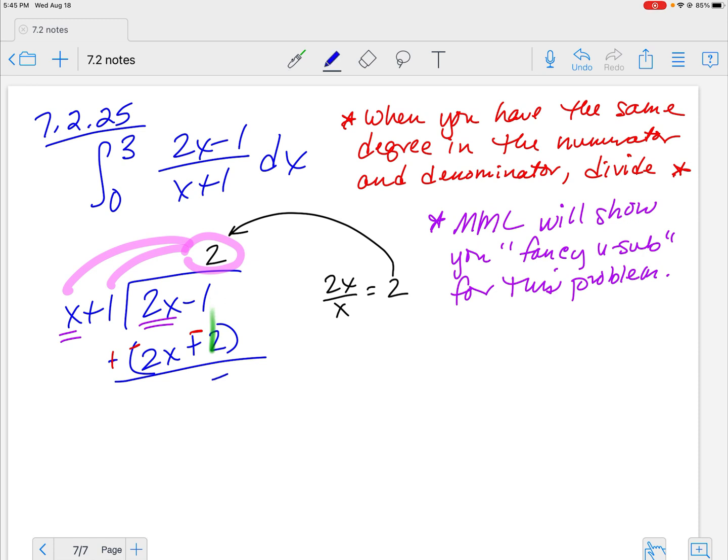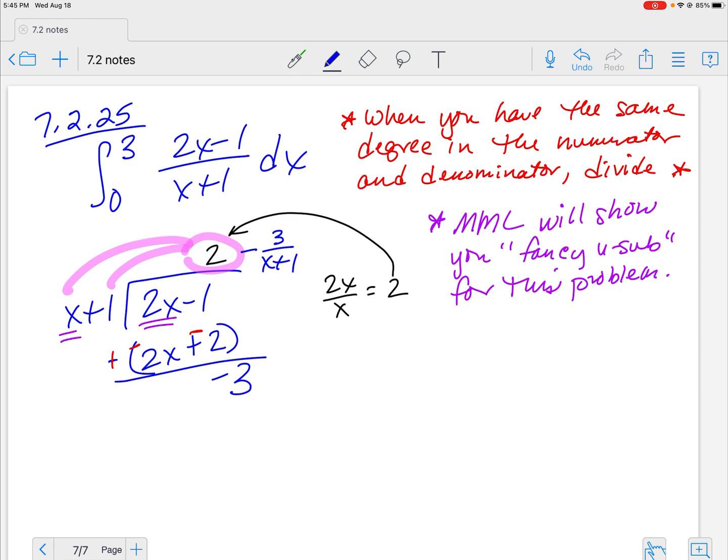Negative 1 minus 2 is a negative 3, and that is your remainder. When you have a polynomial, you write the remainder. You don't put r there, you write it as a fraction. So your remainder comes up as minus 3 over x plus 1.